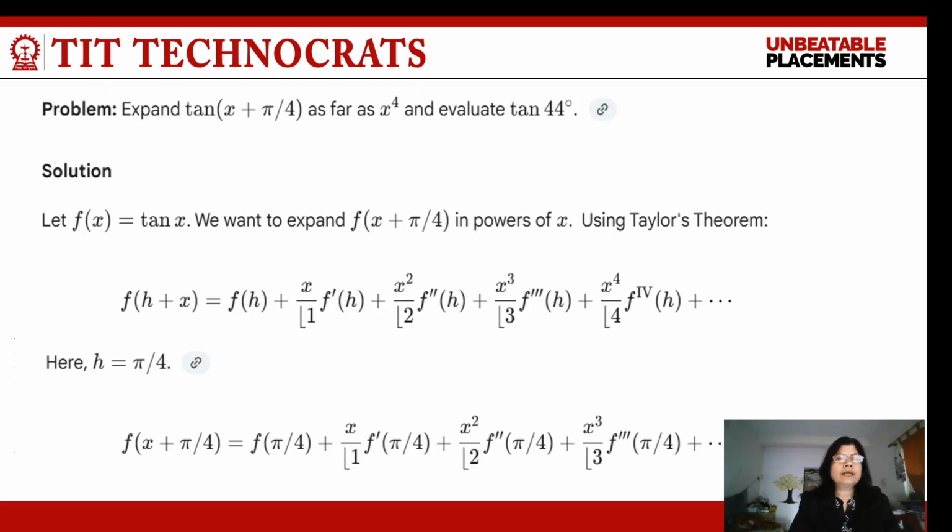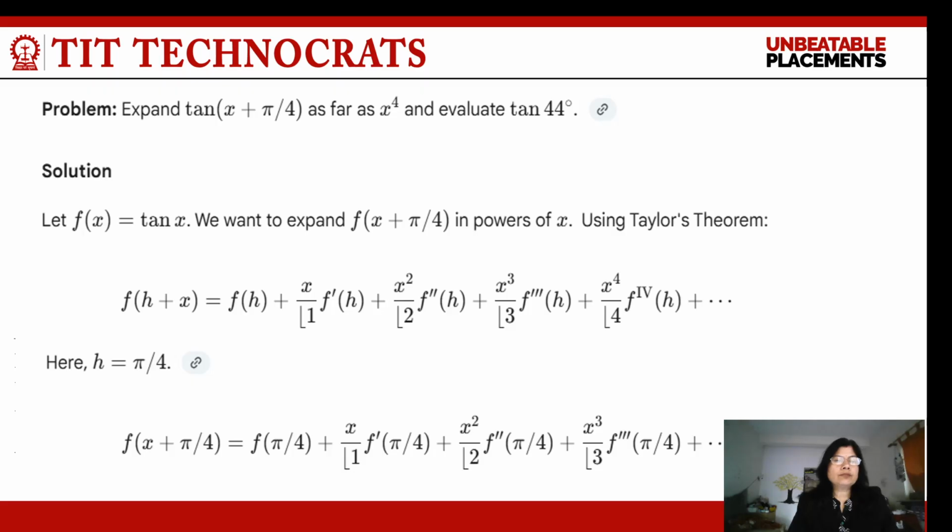Next problem is: expand tan of x plus pi by 4 as far as x to the power 4 and evaluate tan 44 degree. So now the solution is: let f of x is equal to tan x. We want to expand f of x plus pi by 4 in powers of x using Taylor's theorem.